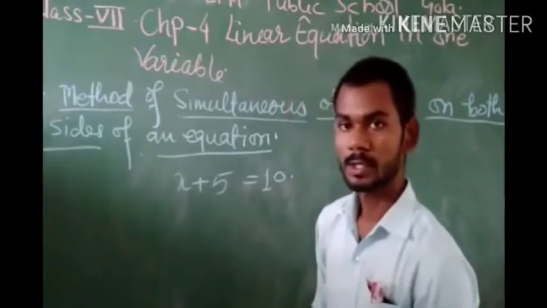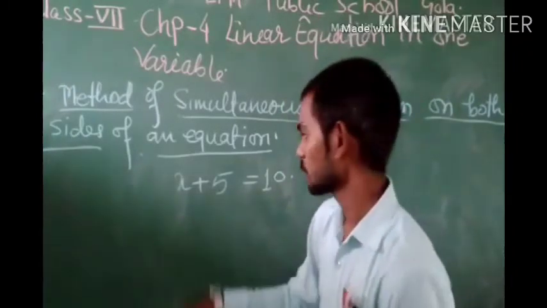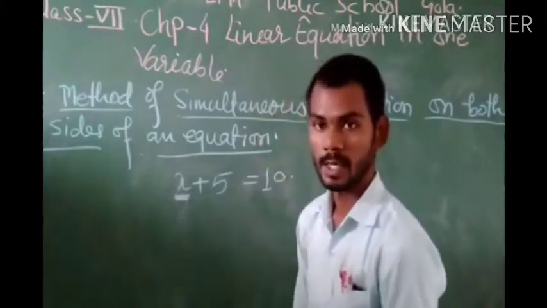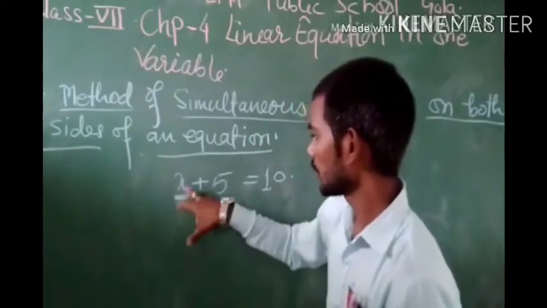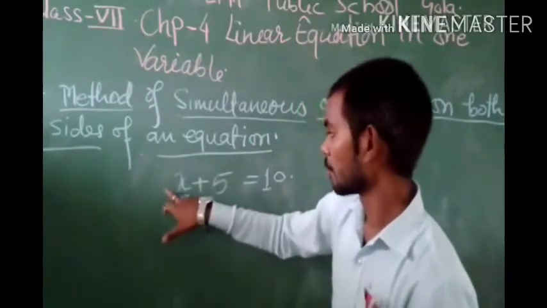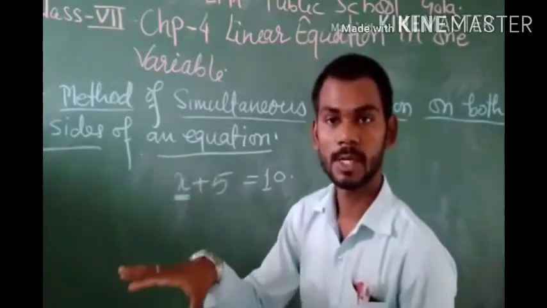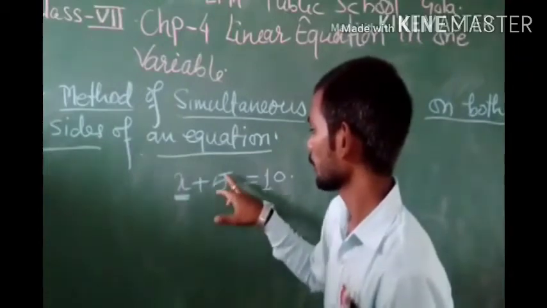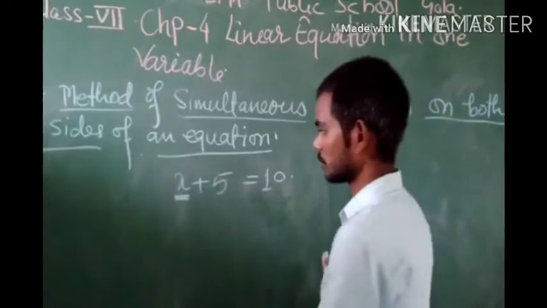In this method, in order to solve this equation, we have to isolate the unknown quantity, that is the variable x. How? In order to isolate this variable, we have to carry out some operation on both sides. That is, we have to make this 5 to 0. How? Let us do this.